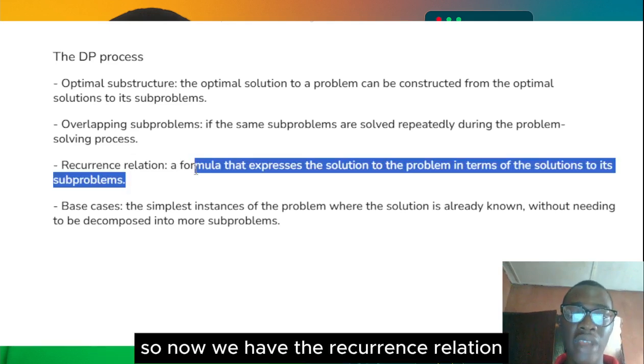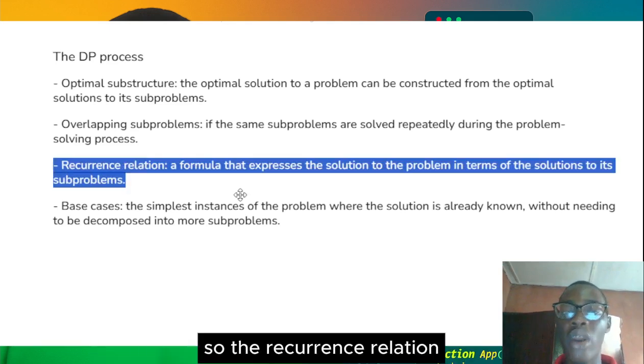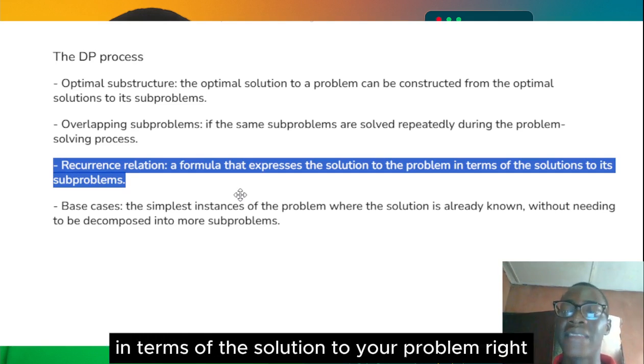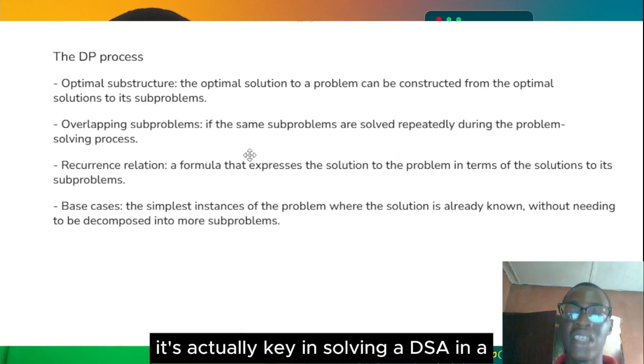Now we have the recurrence relation. The recurrence relation is a formula that expresses the solution to the problem in terms of the solutions to its subproblems, so it's key in solving a DP problem.